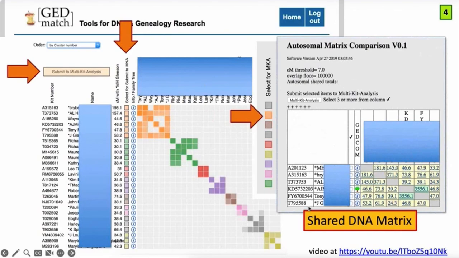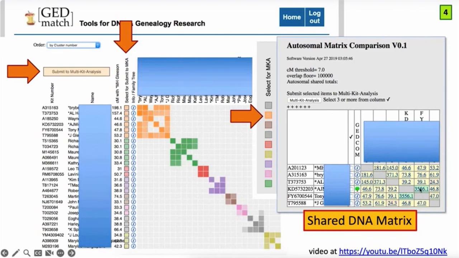So here you have the matches down the left-hand side, and also the same matches across the top.